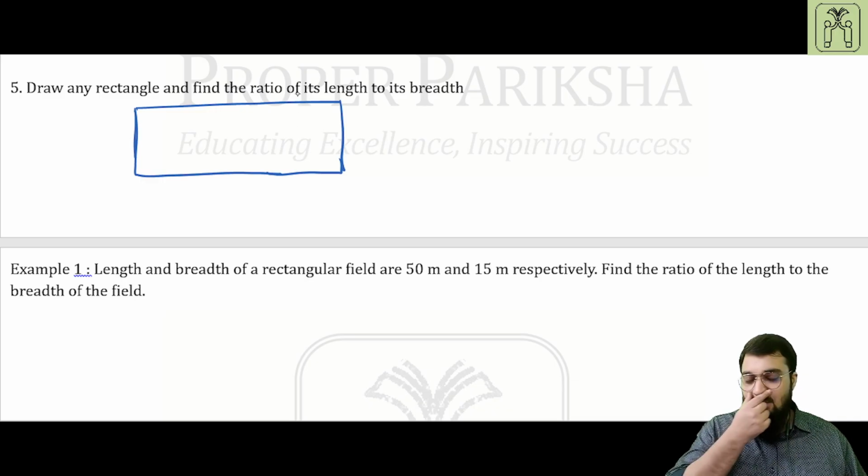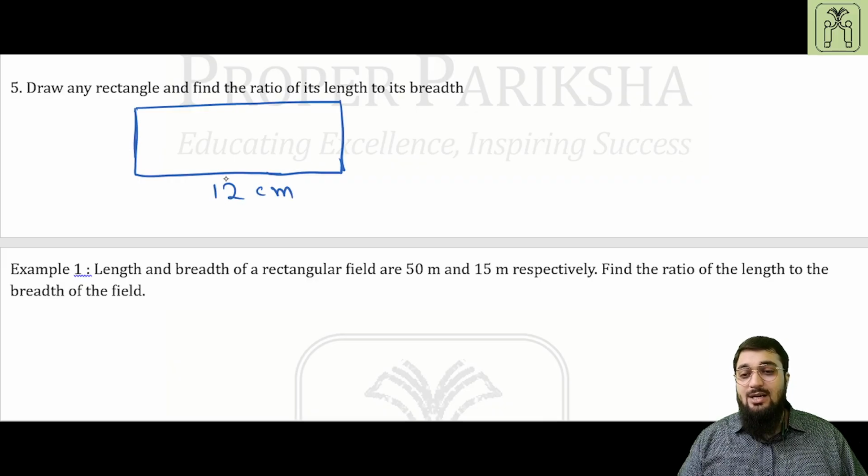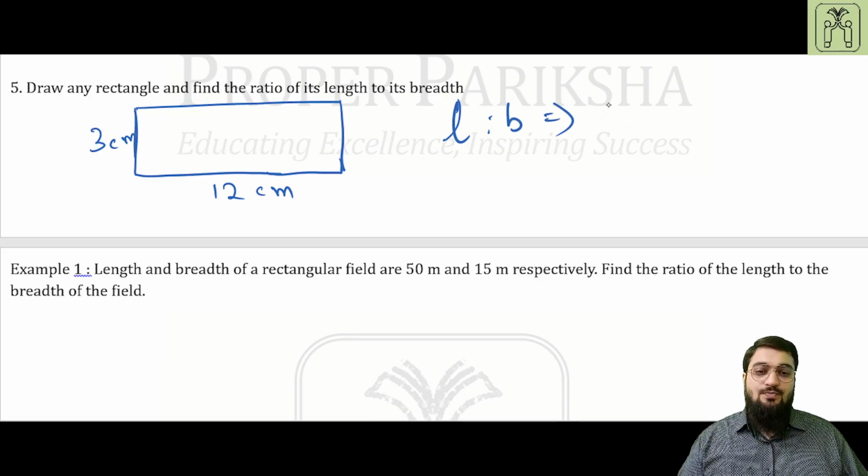This is something you will understand in the senior classes, 9, 10, etc. Till now you can understand that length is greater than the width. So let us say that the length is 12 centimeter and the width is 3 centimeter. Now we have to find the ratio of length to breadth, which is 12 is to 3, and that will be 4 is to 1.